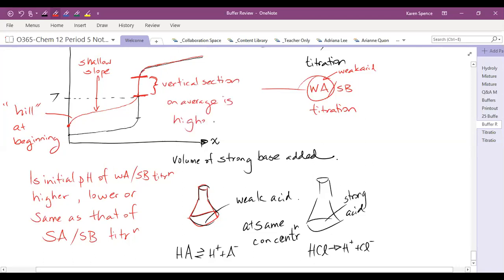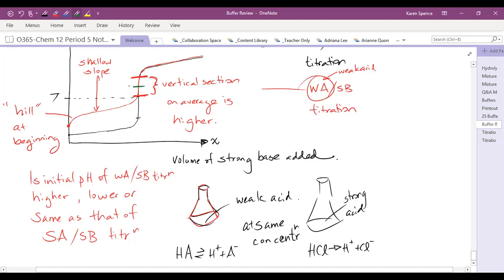And remember, if we are finding the pH at the equivalence point, it is the midpoint of the vertical section. So the pH at the equivalence point is going to be the midpoint of that vertical section.